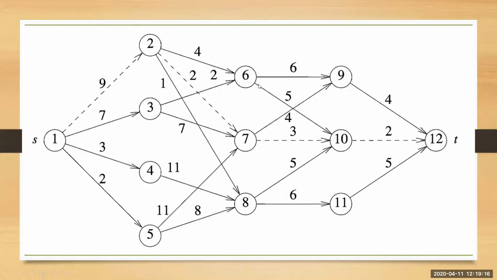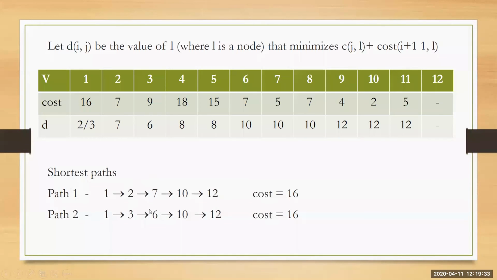This also gives a cost of 16. Like this, based on the calculation at different stages, we are supposed to calculate. Finally we have to write the shortest path and tell what its cost is. So this is about the multi-stage graph problem.